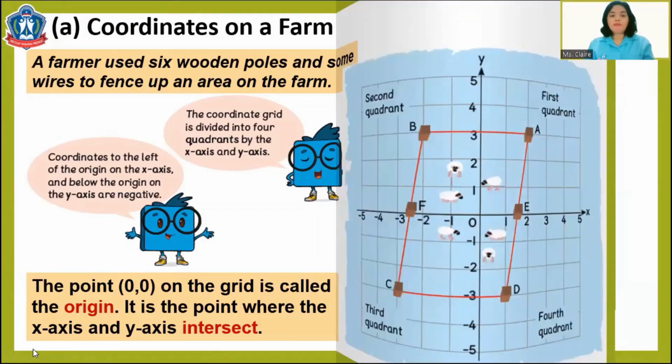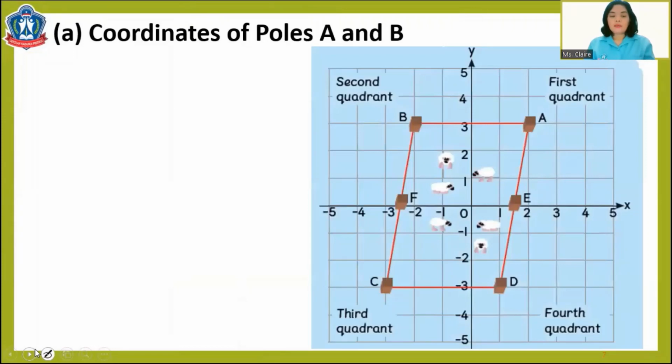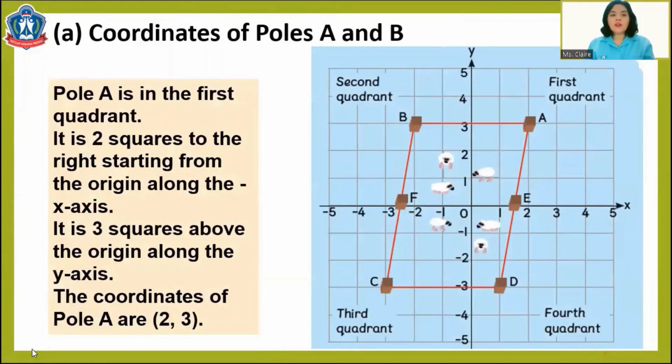Let's move on. Let's find the coordinates of pole A and B. This one is pole A. It is 2 squares to the right and 3 squares upward. So the coordinates are 2, 3. Remember, we read the x-coordinate, the coordinate located on the x-axis, first, followed by the coordinate on the y-axis.